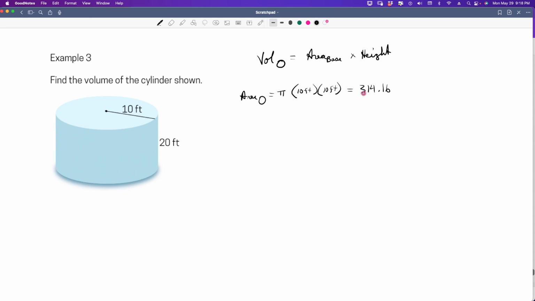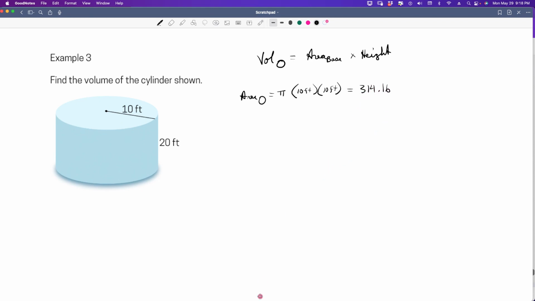Right? So we would already be different by a little bit. So that's why I say the bigger the number, the more change there is. So when you have little numbers, using 3.14 is fine, but it's probably a better practice for you to be more accurate to use the pi symbol on your calculator if you have it.